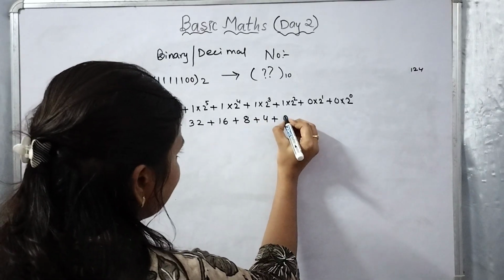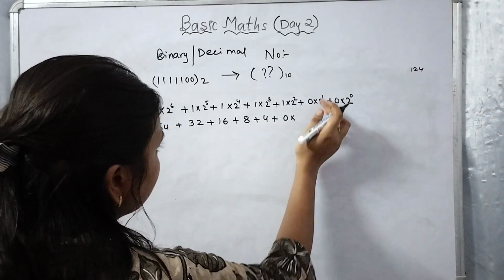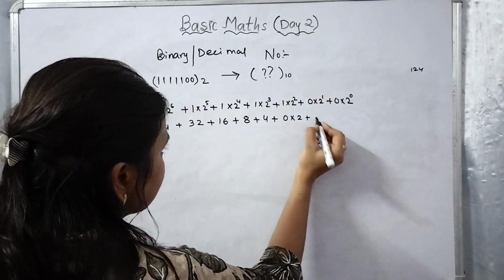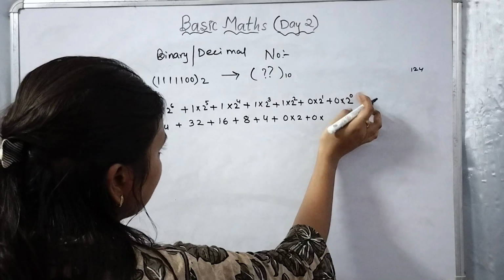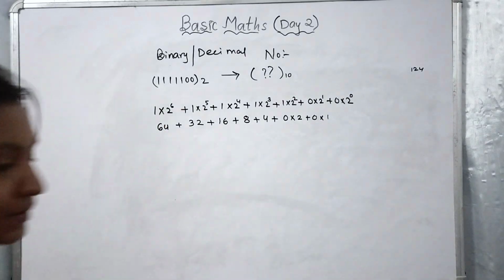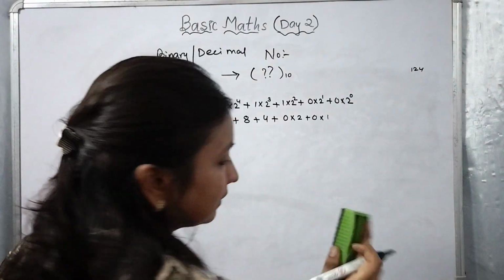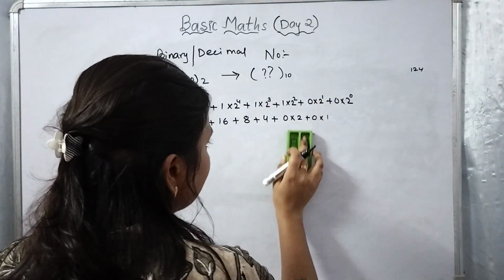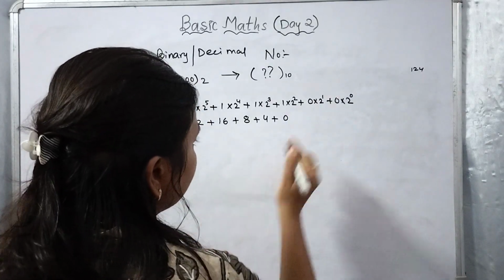Here I will write 0 into 2 to the power 1 is 2, plus 0 into 2 to the power 0 is 1. But since anything multiplied by 0 is 0, I will directly write it as 0 plus 0.